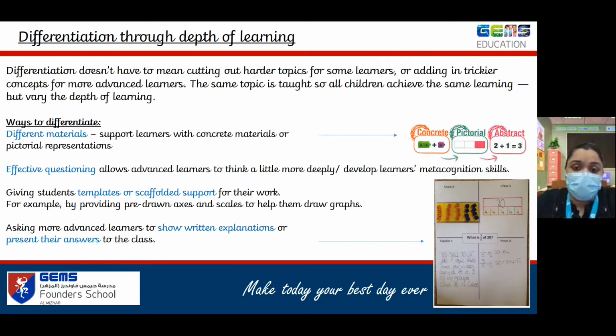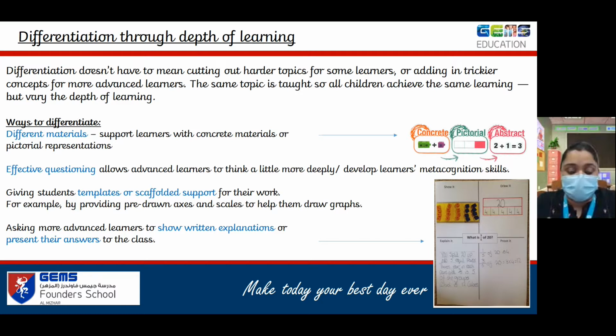Differentiation through depth of learning. All the subjects that are taught in primary are definitely differentiated as per the needs and the understanding of the children in the different year groups. But usually, instead of differentiating in topics and giving easier and harder topics, the differentiation is done in terms of varying the depth of learning.